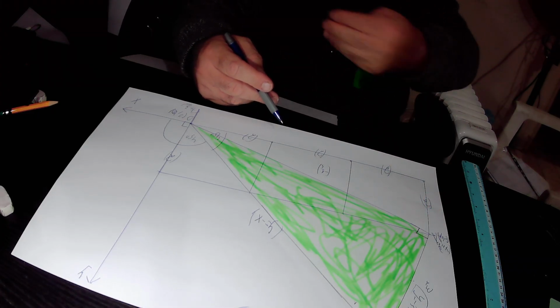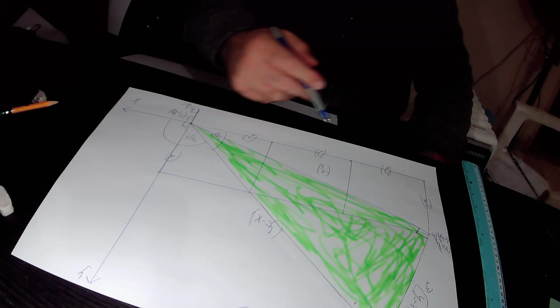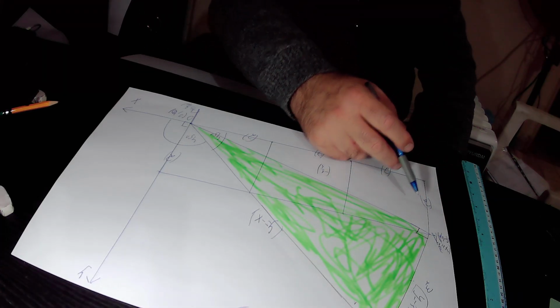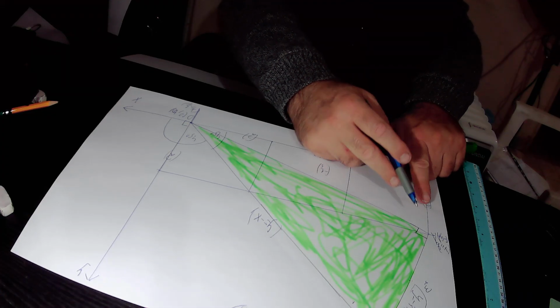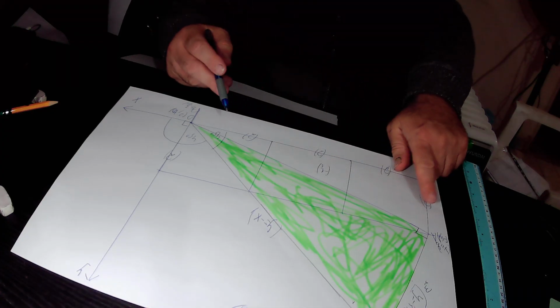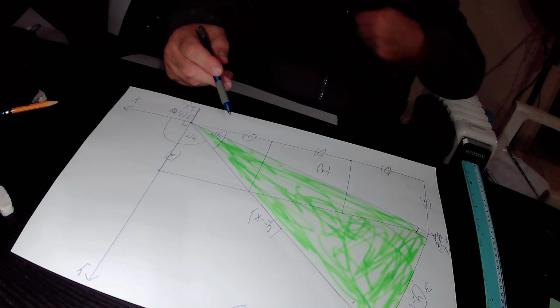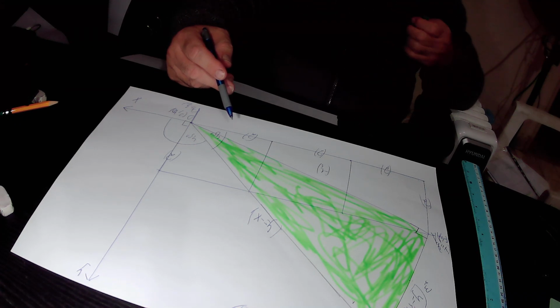And the area of the green shape is the area of this green right triangle. We know that the area of the green triangle equals the base of the triangle times the height over 2. So we know the length of AB, that is the distance between points A and B, times the length of side AO, that is the distance between points A and O, divided by 2. This will be the area of the green triangle, that is also the area of the green shape. Okay?